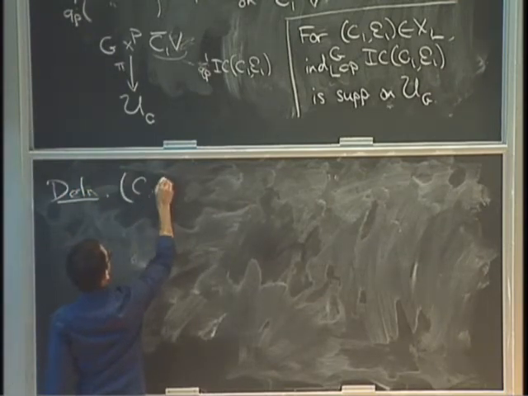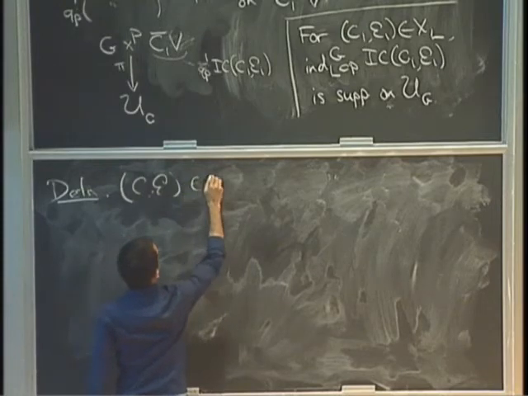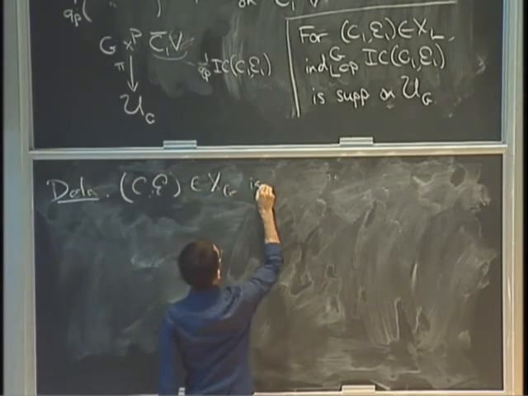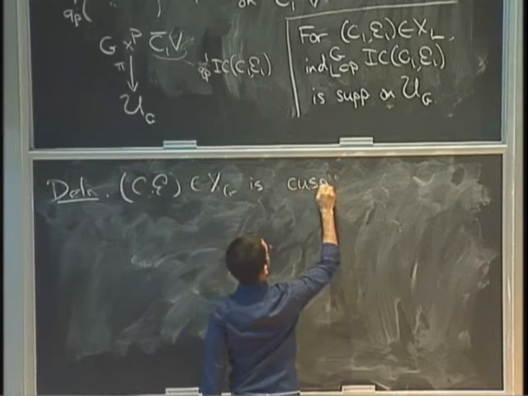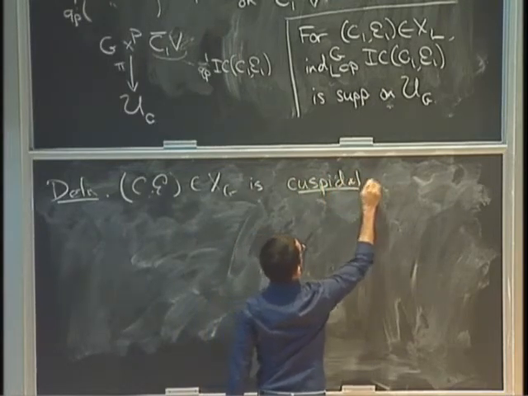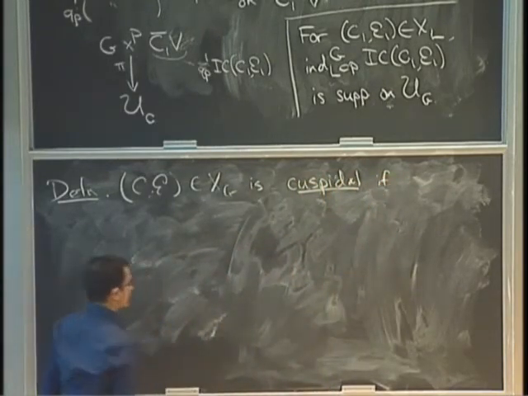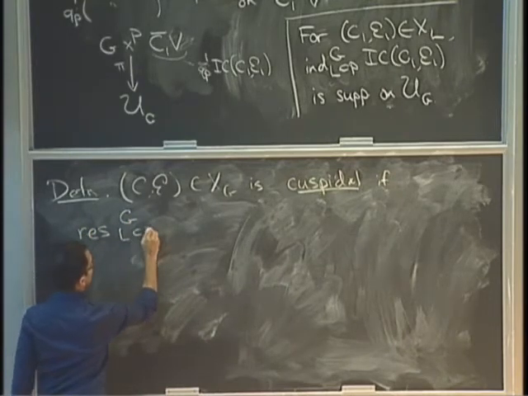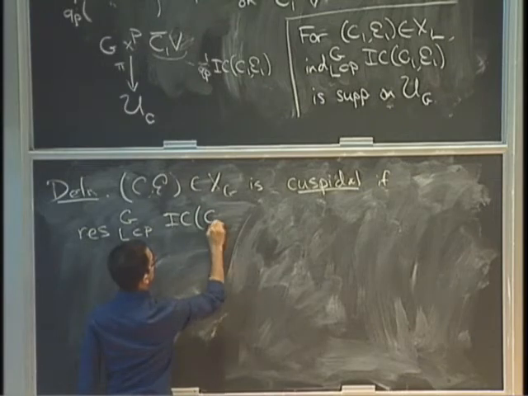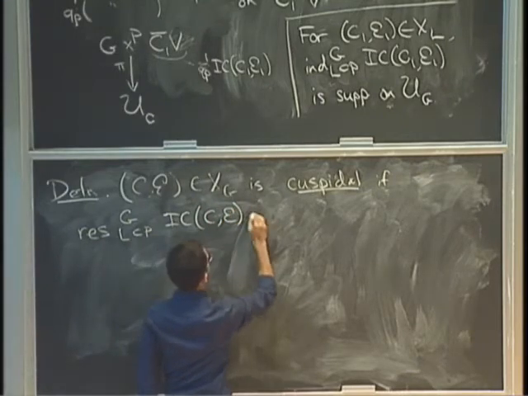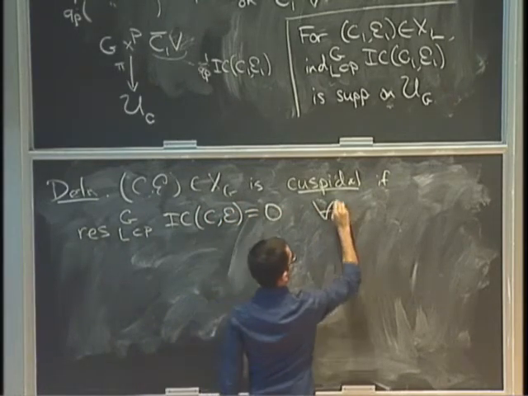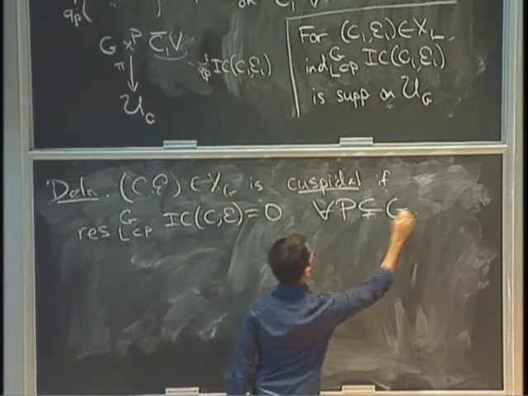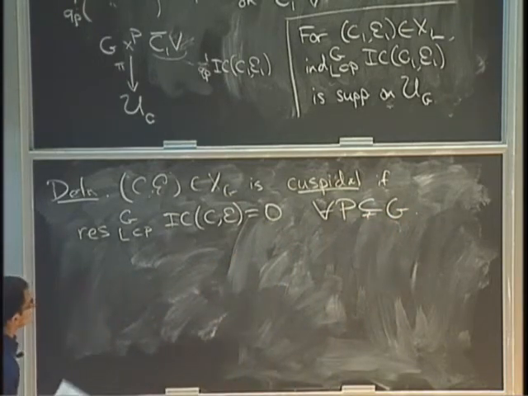A pair CE in XG is called cuspidal if its restriction to any proper Levi is 0. So if you take any parabolic which is distinct from G, then that should be 0.